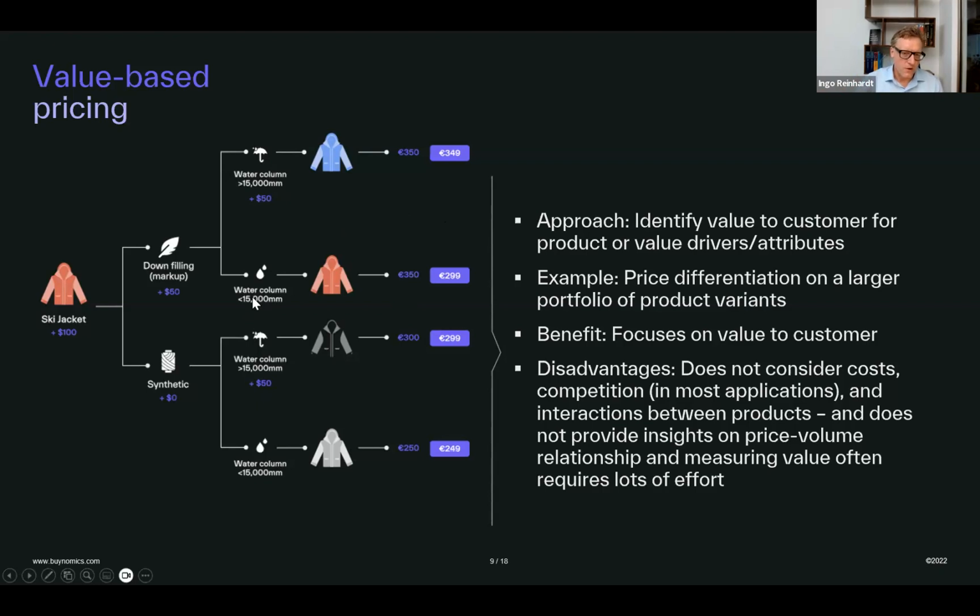These things often require a lot of research via surveys or other measures, and can also be deduced from sales data, for example. But this is a more difficult exercise than the exercises we did in the previous methods, where we just did a cost plus, or just looked at what these products cost at our competitors, for example.